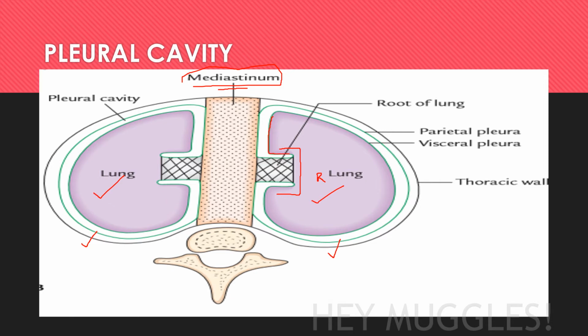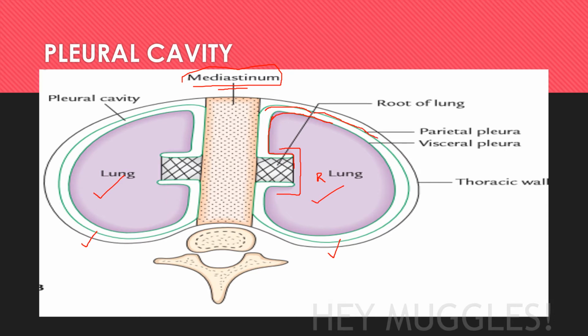Okay. So this is your visceral pleura, right? And this is your parietal pleura. So you can see that your visceral pleura surrounds the entire lung, and your parietal pleura lines your pulmonary cavity.